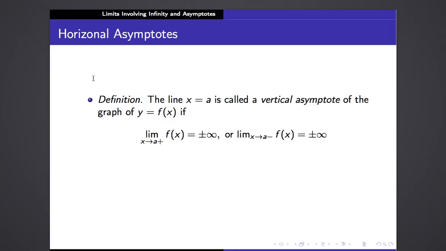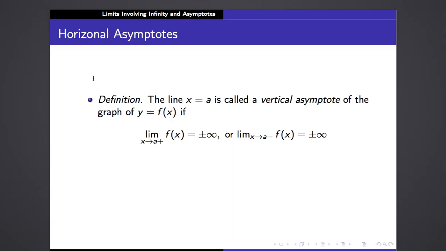The limit of f of x when x approaches a from the right is plus or minus infinity, or the limit of f of x when x approaches a from the left, in other words, the left hand limit of f of x at x equals a, is plus or minus infinity. When that happens, x equals a is called a vertical asymptote.